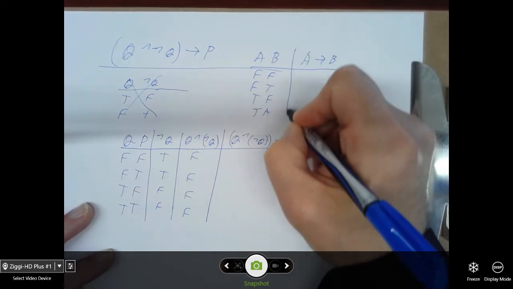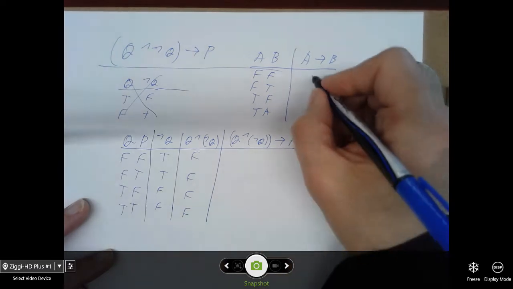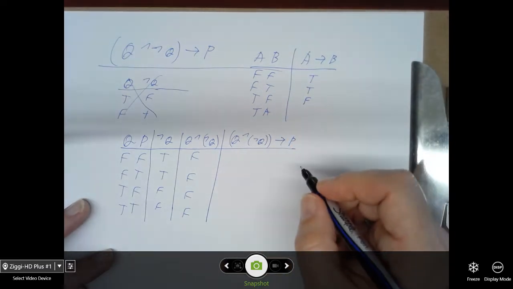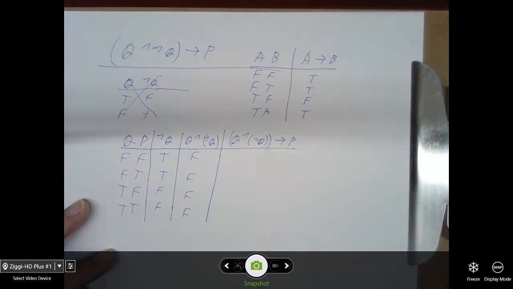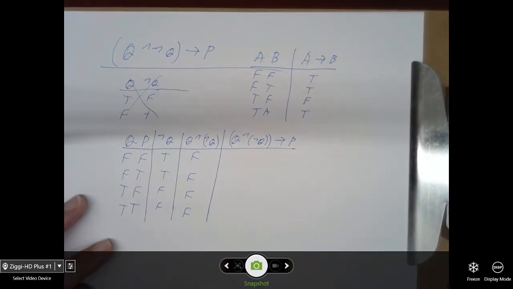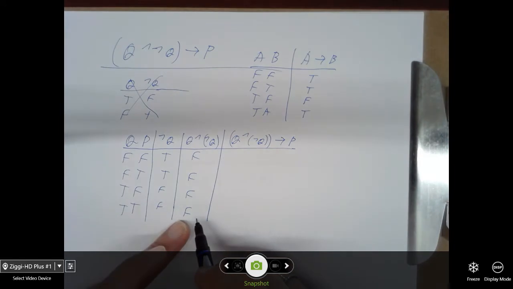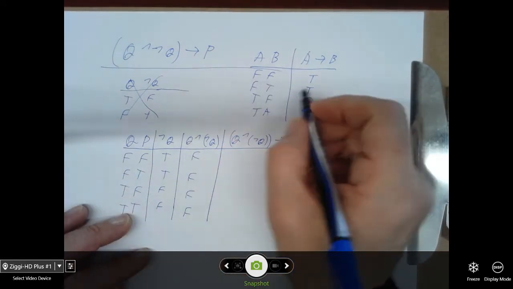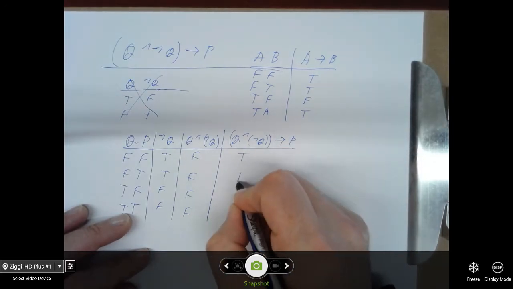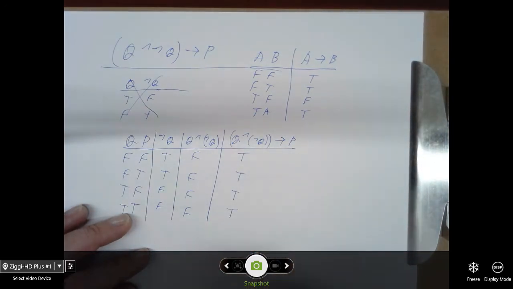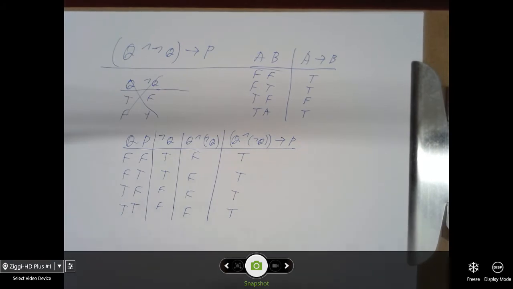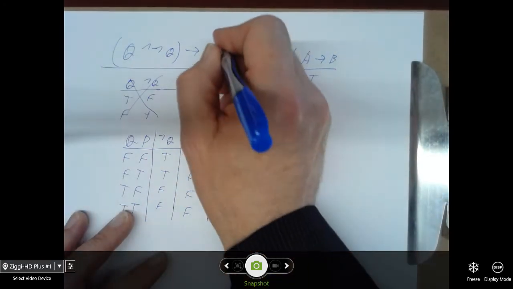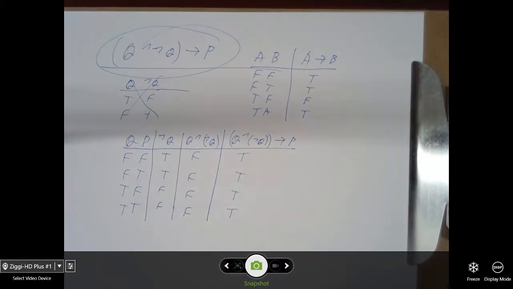So when is if A then B true? It's true in all cases except where the hypothesis is true and the conclusion is false. So this column is always false. Whether P is false or true, false, false, and false, true, the implication is always true. So since in all possible values of P and Q, this statement always has the value true, we can say this proposition is always true.